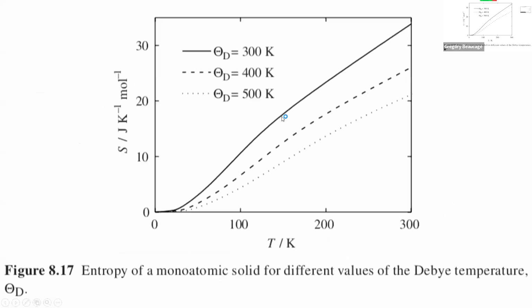Anyway, you can plot how the entropy would change with temperature for different Debye temperatures. The low Debye temperature has a high entropy, and the low Debye temperature also has a high heat capacity. That's where, when we were looking at the superconductor thing, it had a huge heat capacity, like hundreds, whatever that's plotted.